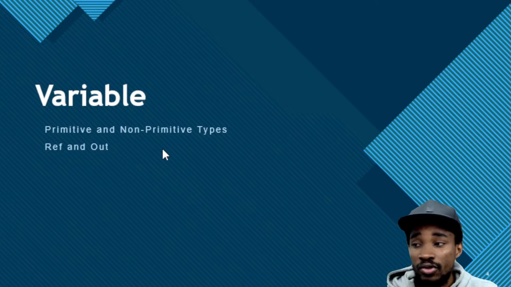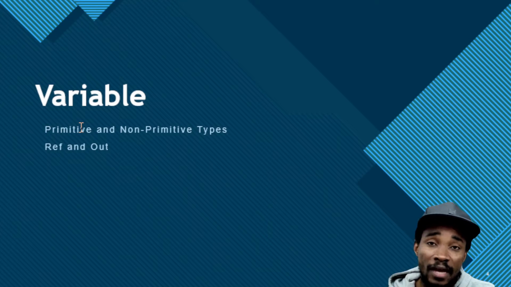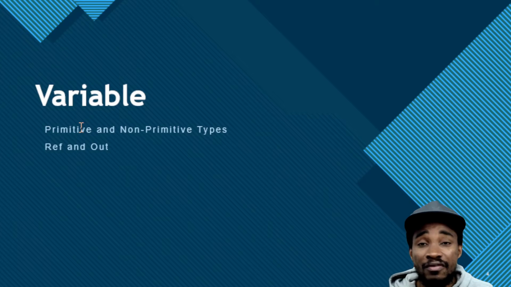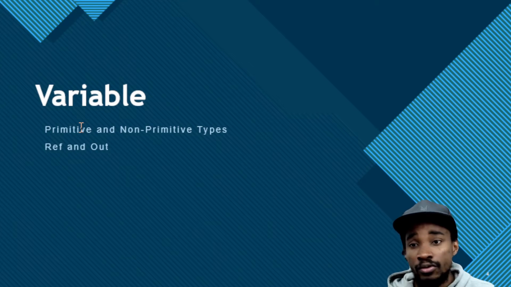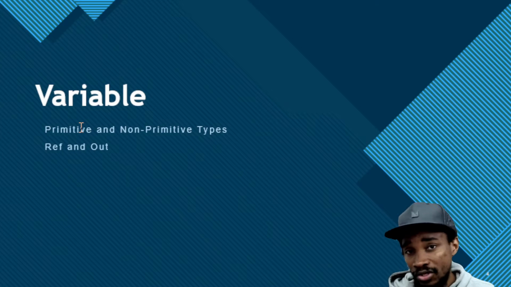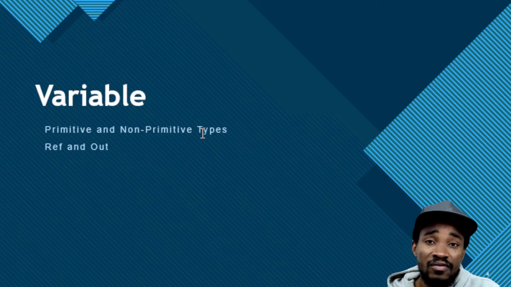And what I want to show you is the different types of primitives. When you hear of primitive types, this talks about the predefined types. These are the types that are already there based on the .NET Core framework. It's part of the inbuilt class library. Like I mentioned earlier, you just use them. The non-primitive types are the ones that you define yourself.